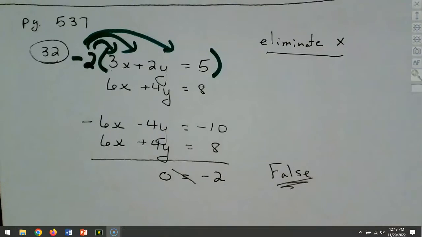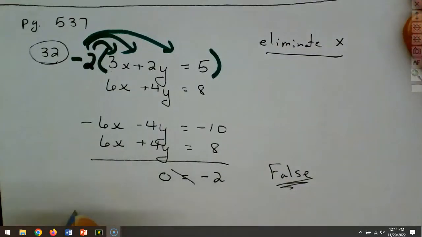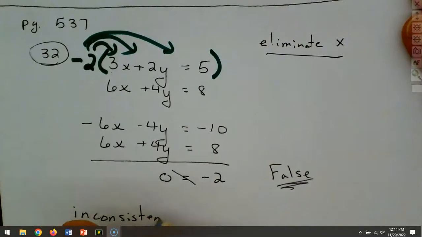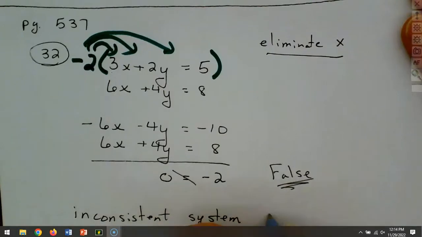And remember, if you had a false equation, it had no solution. Now, we do use a slightly different terminology. We don't call it a contradiction. We call it an inconsistent system. And an inconsistent system has no solution.